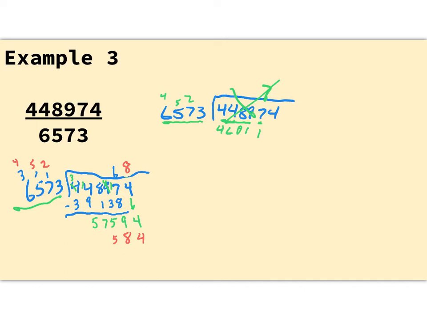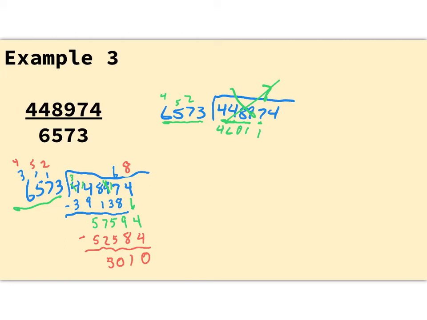Bring the 4. 8 times 6 is 48 plus 4 is 52. Subtract again. 5,010 is smaller than 6573.